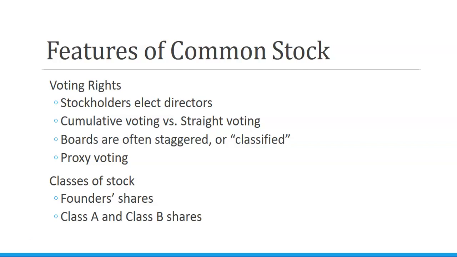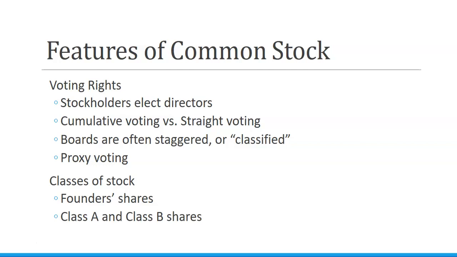This can help, as I said before, to prevent corporate takeovers by taking over a majority of the board. A classified board is just another word for a staggered board.